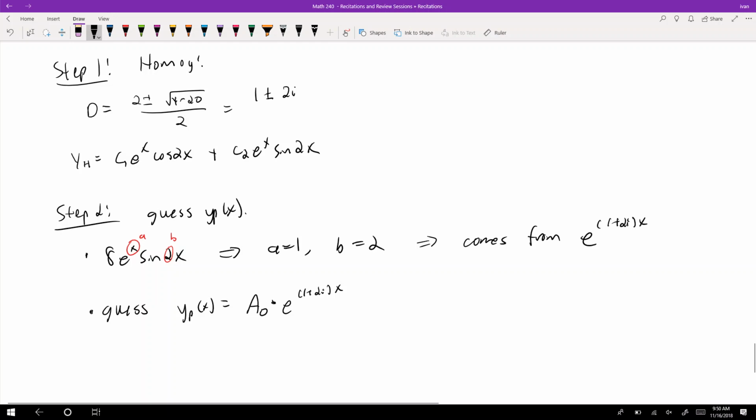What's the problem with guessing this though? Yeah, it's equal to the root in part A, right? So what's the fix there? Throw an x in? Yeah, we throw an x in. So 1 plus 2i is in here once, 1 plus 2i and 1 plus 2i. So to fix this, we need to multiply this guy by x. So really, we need to guess yp of x is equal to a naught x e to the 1 plus 2ix.